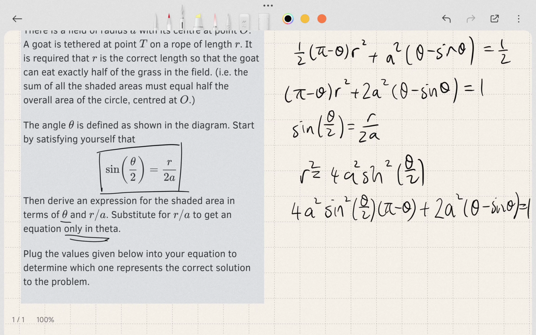This doesn't help us, does it? No, I don't think it helps us. So perhaps I have to have a look at the hints to this problem.